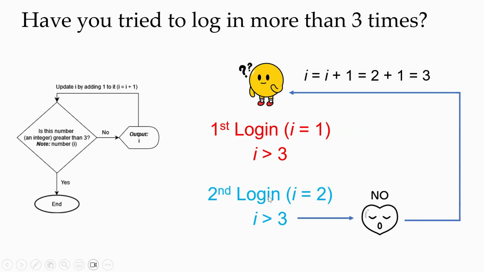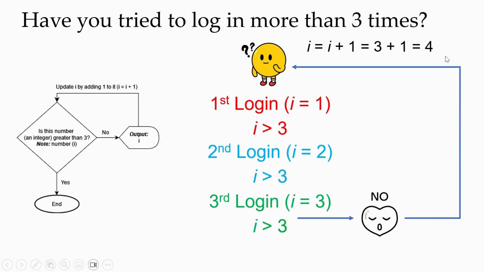Now you are in the second attempt. Now my I is equal to 2. Is 2 greater than 3? Of course, the answer is no. 2 is not greater than 3. So I'm going into the loop here and I have the counter here again. Because now my I is equal to 2, so I equals 2 plus 1. Now my I is equal to 3.